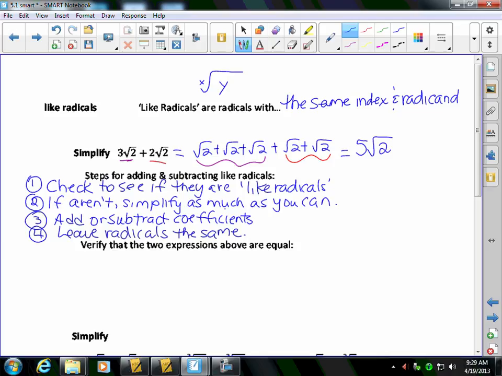So what some people end up doing is they say 3 square root 2 plus 2 square root 2 is 5 square root 4, which is wrong. Because 3 times x plus 2 times x isn't 5x squared, it's 5x.